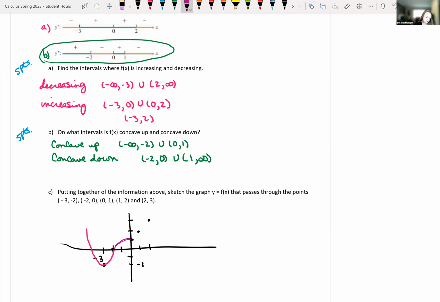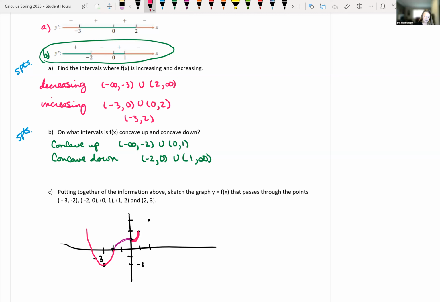From 0 to 1, I'm concave up, and I'm still increasing. So I'm going to change concavity, but I'm going to increase.